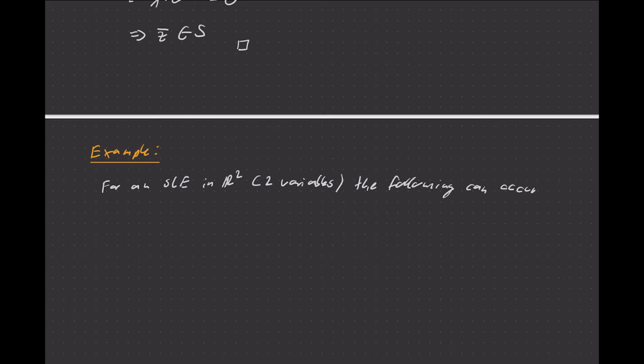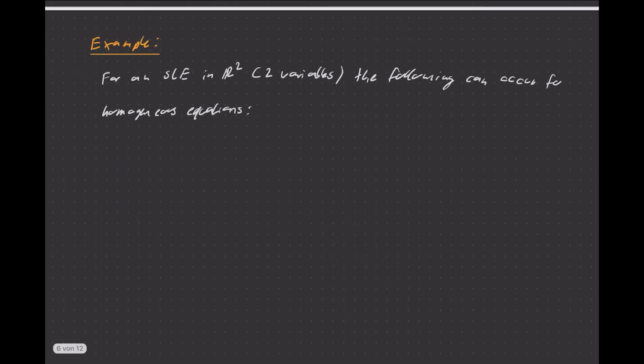And I should mention that we are only talking about homogeneous equations here. So right-hand side is 0. First case that could happen is we have a unique solution. And if that is the case, this unique solution needs to be 0, the all-0 vector, because that is always a solution for the homogeneous case. So we could have a unique solution, 0, 0.